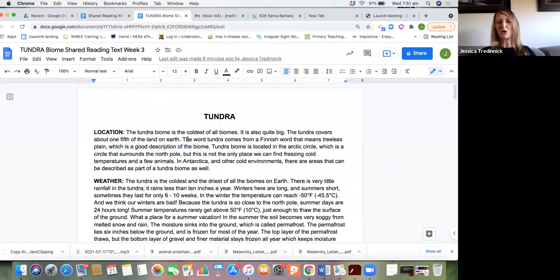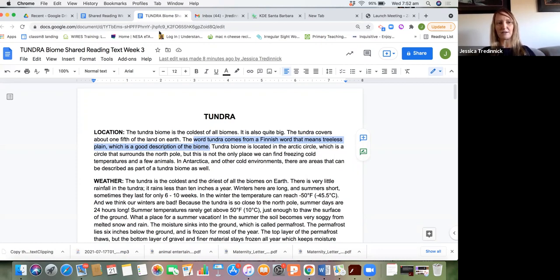I'm actually just going to copy, and this is what you can do too. Copy and paste that section because it says that it means treeless plain, which is a good description of the biome. That means that it's describing the biome as a treeless plain.